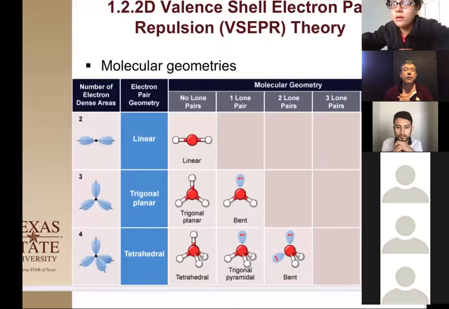And so the 2 that you really need to pay attention to, and we're going to talk about that actually today, is how we're going from the spherical and the dumbbell shapes to the hybrid orbitals we'll be using in this class. We'll be talking about that today. Okay, thank you.